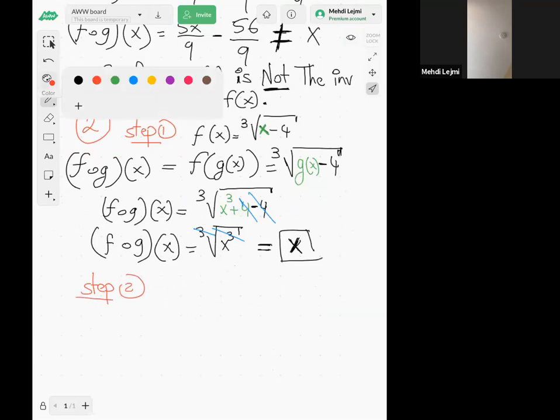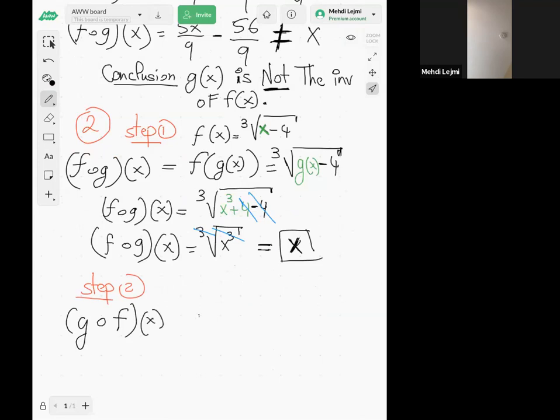Now we need to evaluate g of f of x. My g of x is x cubed plus 4, and there is an x in here. So I substitute x by f.